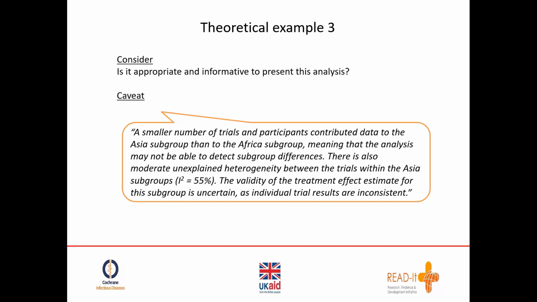And if they were going to do that, again, we'd recommend acknowledging the uncertainty in the evidence when interpreting results for a heterogeneous subgroup, and also to mention the covariate distribution. So we have some text here that just mentions the fact that a smaller number of trials and participants contributed data to the Asia subgroup than to the Africa subgroup, and also mentioning that unexplained heterogeneity as well.